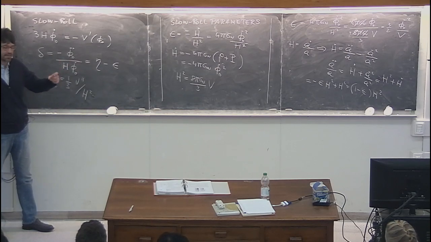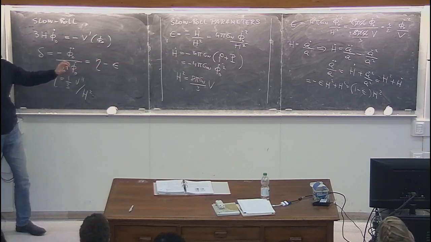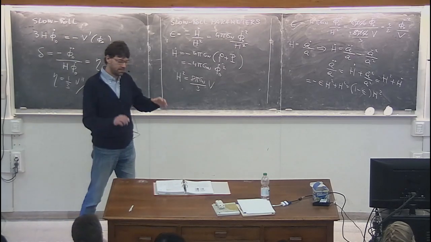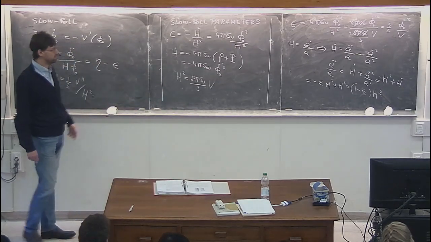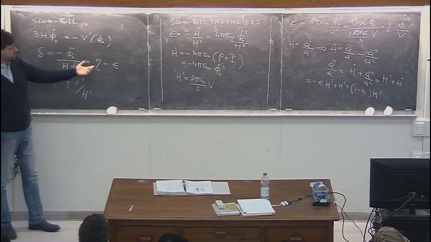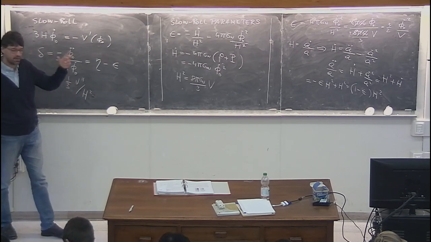So you can connect these slow roll parameters to observables. If I want to make a theoretical prediction of some properties of the perturbations that come out of a period of inflation, they will be expressed in terms of these quantities, which are expressed in terms of the potential V.